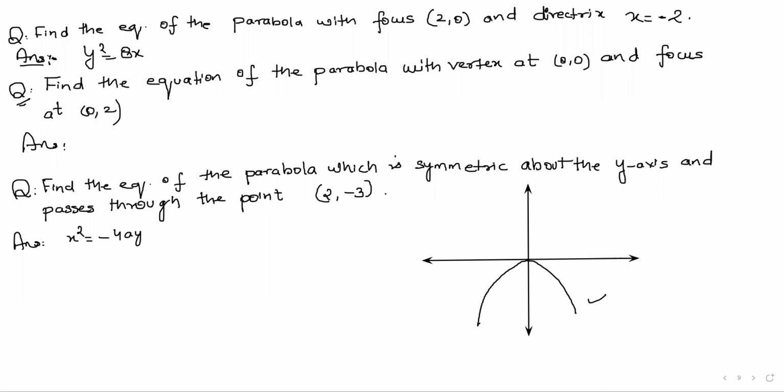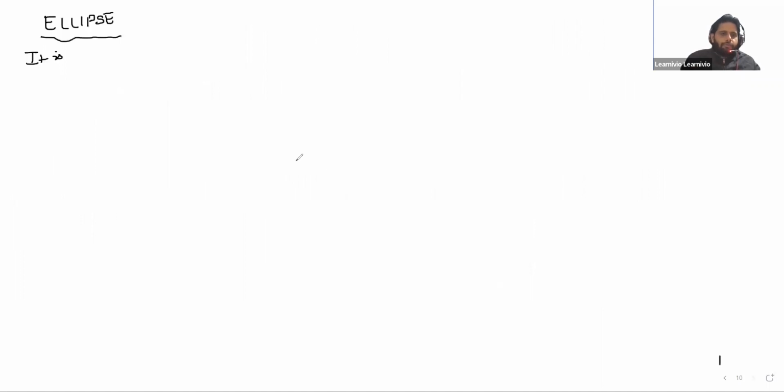No, sir, it is from the exercise itself, sir. Okay. So in such type of questions, they will always give that the parabola is symmetric about this axis. Otherwise, they will give some other information by which we can find out which type of parabola it is. Okay, sir. Thank you, sir.